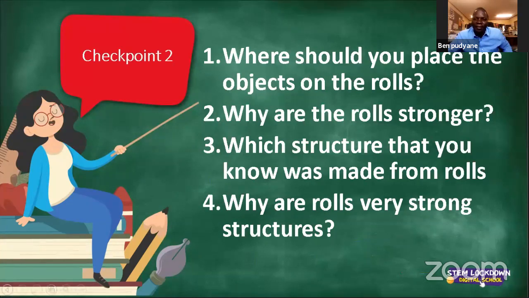Laurentia, I see you are raising the hand. Yes, thank you. I believe you know that you put them on top of the rolls. Those objects, you want to check the strength by putting the objects on top. Number 2, why are the rolls stronger? Laurentia, why are the rolls stronger?